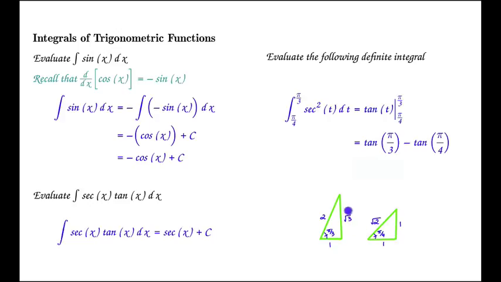Recalling that tangent is opposite over adjacent, we can now replace our trig functions with the appropriate ratios. So we have that tangent of pi over 3 is equal to root 3 minus tangent of pi over 4 is equal to 1. So we have root 3 minus 1. And this is our solution, which cannot be simplified further.